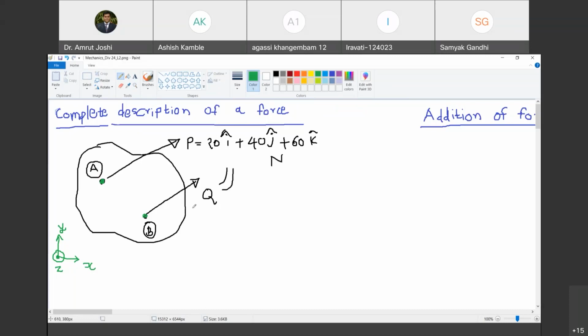Whereas if you consider force Q, a pull will be experienced at point B, whereas all other points on the body will not experience that pull. So even if you consider these 2 points, the effects of these two forces at these 2 points are different. Do you agree with me? Yes, Ashish.